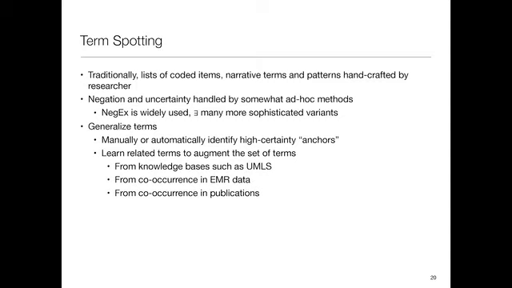And they would give you a long list. And then you'd do grep. You'd search through the notes for those terms. Okay? And if you want it to be really sophisticated, you would use an algorithm like NegEx, which is a negation expression detector that helps get rid of things that are not true.